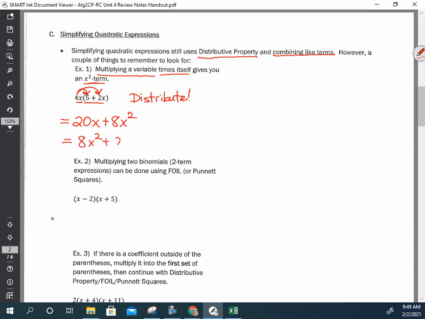So the reason why I'm turning it around is to put it in standard form. Let's put it in standard form. Any questions? Example 1.